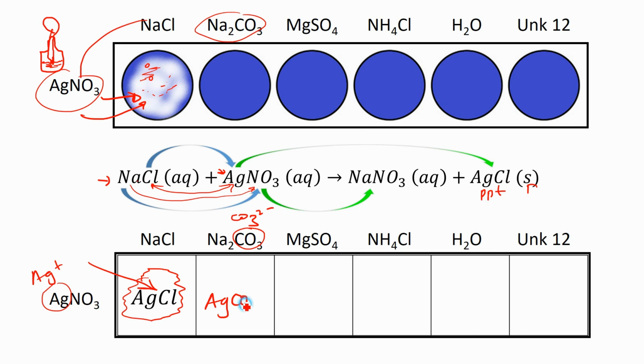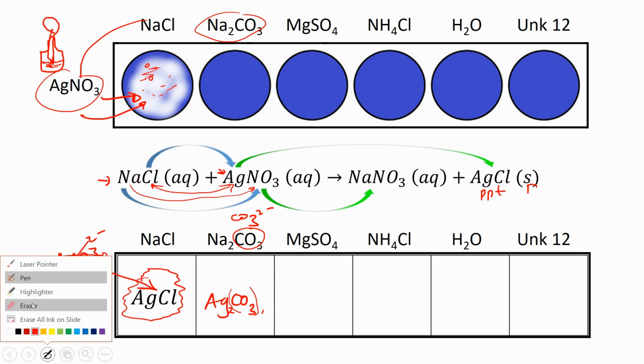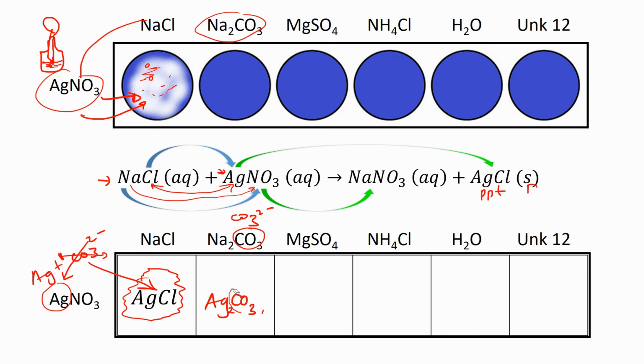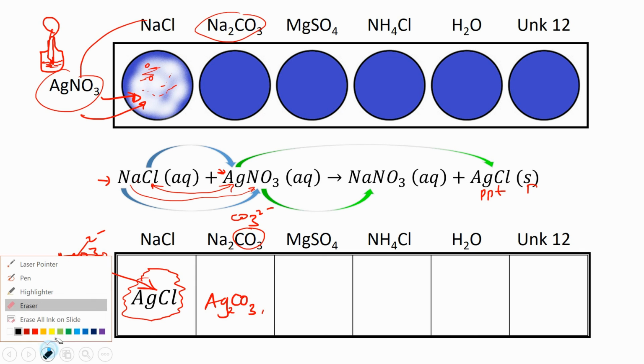So we'll expect the silver will get a 2, because Ag plus and CO3 2 minus will exchange their powers. This would have a bracket and 1 down there, because we are dropping the 1 and dropping the 2. That is also expected to be a white precipitate if you look at your charts.